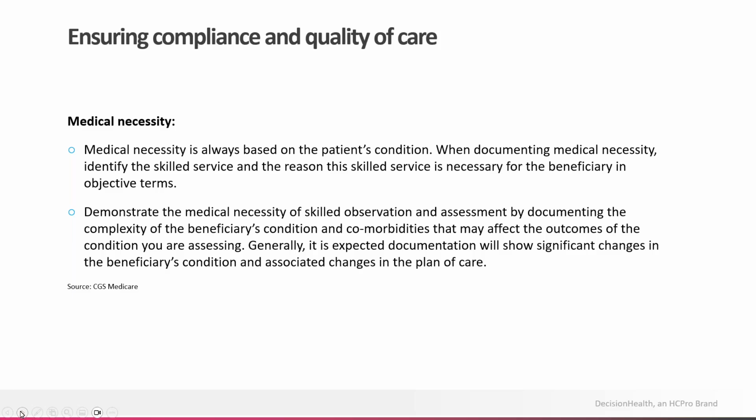You want to document the complexity of that patient's condition, their comorbidities, and how those comorbidities are affecting the outcomes you're trying to achieve. Generally, that documentation has to show significant changes in the condition, and the plan of care needs to reflect those changes or those ongoing needs. Next slide, Jan.